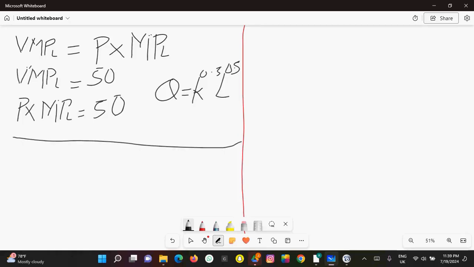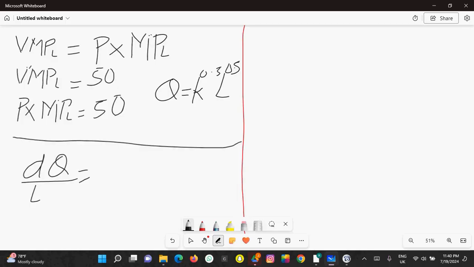So we have to find the marginal product of labor in this total production function. If we want to find the marginal product of labor, we have to differentiate Q with respect to L. So we are going to differentiate L in this, and we have to multiply everything.